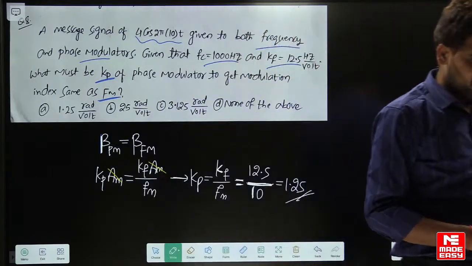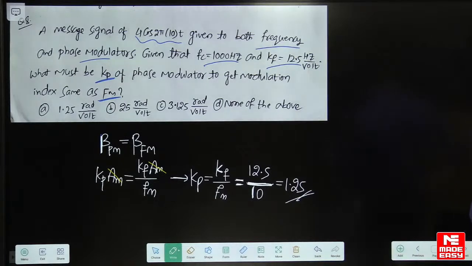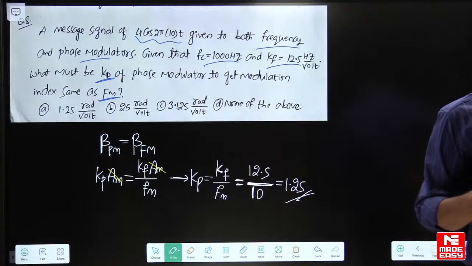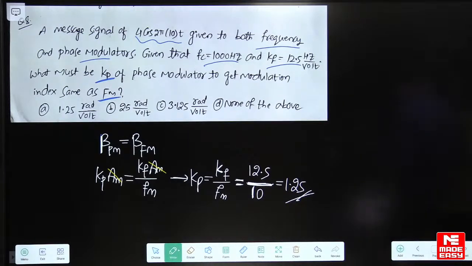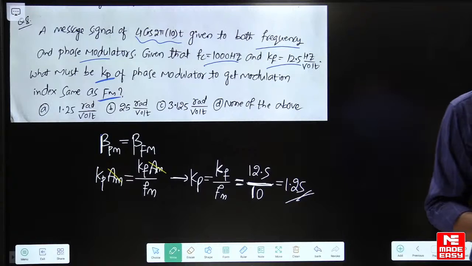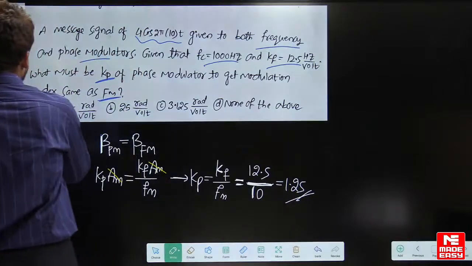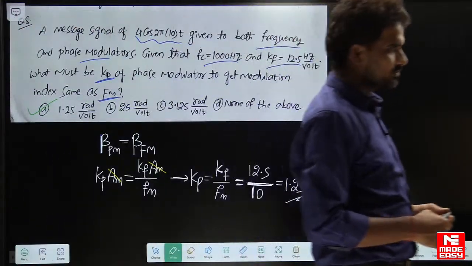KP will be equal to 1.25, so option A will be correct here.